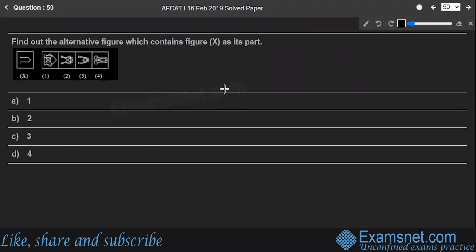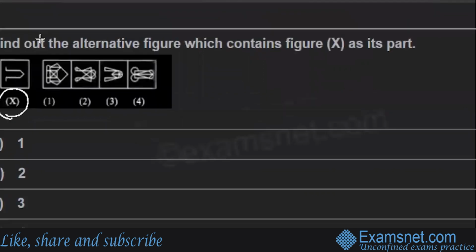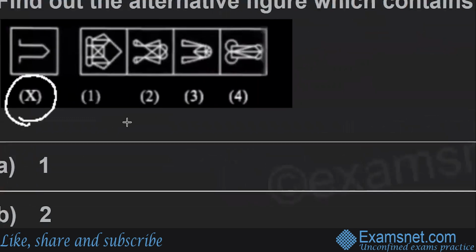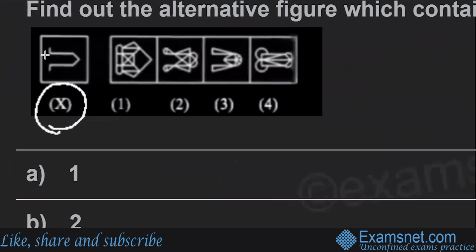Hope you're clear with this. Next is question number 50. You have to find out X is a part of which of the 4 figures. So again, we will zoom in to check which figure it is a part of. Okay, let's go. If you look at this part, then a straight line, then this, a straight line over here again, and then this one. So this portion is not available over here.